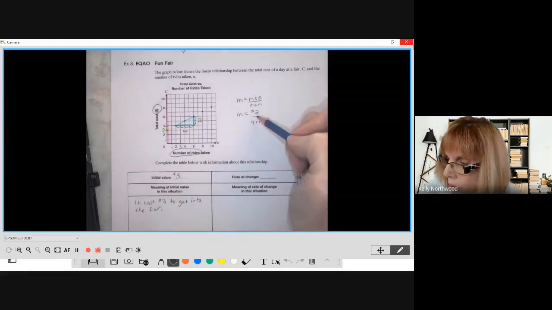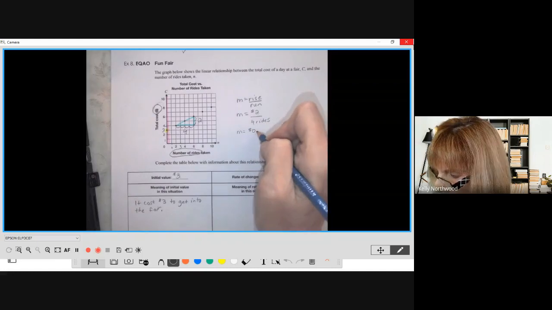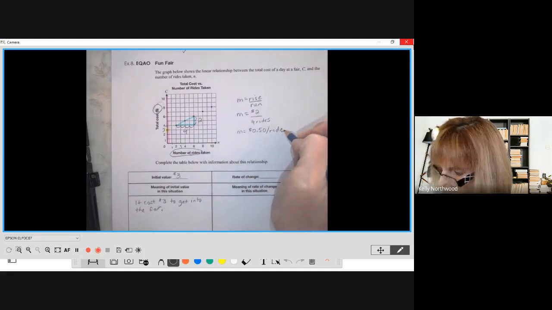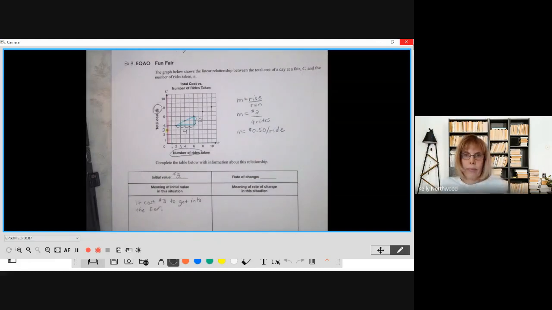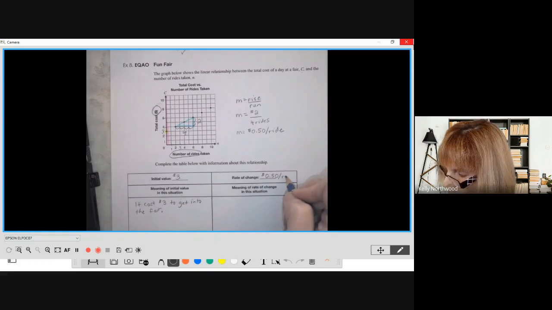And then 2 divided by 4 is 0.50. So 0.50 or 50 cents per ride. So that's our rate of change. So we put it in this blank here. So 50 cents per ride.